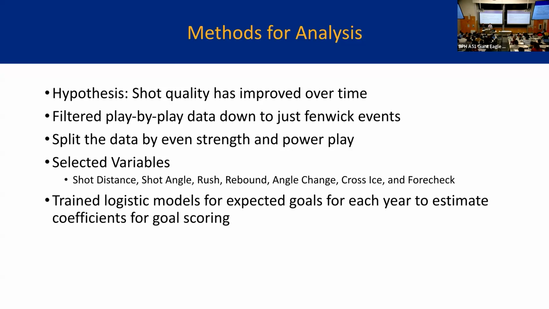The angle change is then the calculated difference between the angles of the original shot and the rebound shot. A cross-ice event is a shot that was preceded by an event on the other side of the ice when you split it vertically, and then a forecheck event is one where the previous event was a takeaway or a giveaway in the offensive zone within 2 seconds prior.